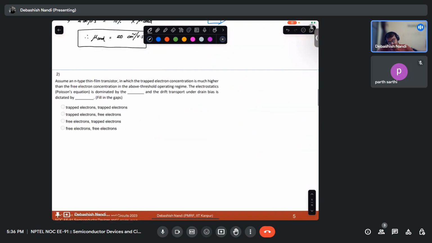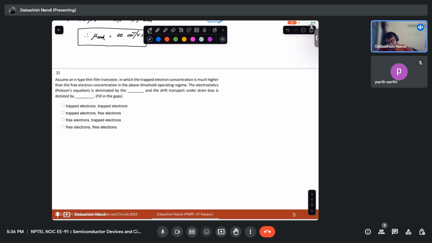Okay, so let's move on to the next problem. It is asked that assume an n-type thin film transistor, in which the trapped electron concentration is much higher than the free electron concentration in the above threshold operation regime.